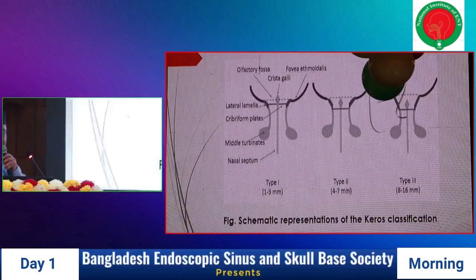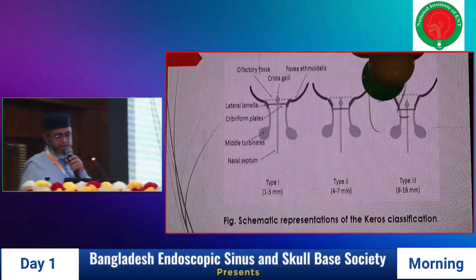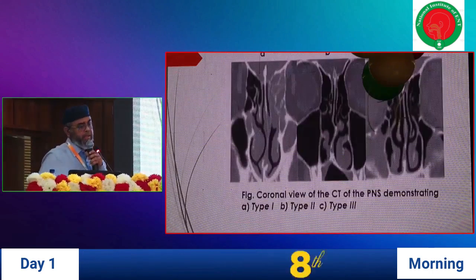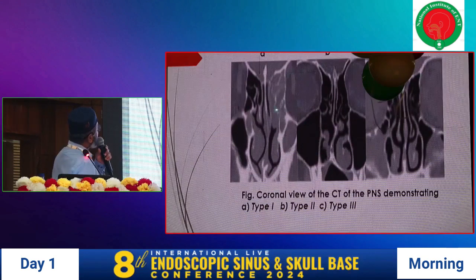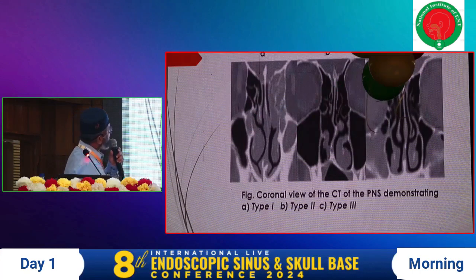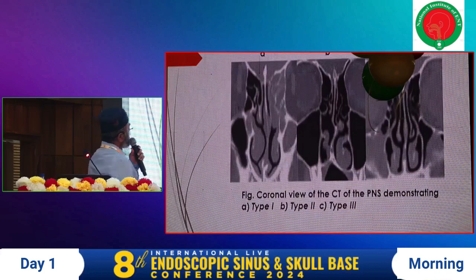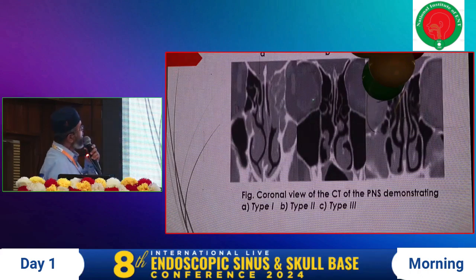Type 3 is difficult, and it is to be understood by the endoscopic surgeon by doing the CT scan. That is type A, type B, and type C. Sometimes there is a variation between the two sides, right and left, in the same patient, and that is why one side may be easier to execute and the other side may be difficult.